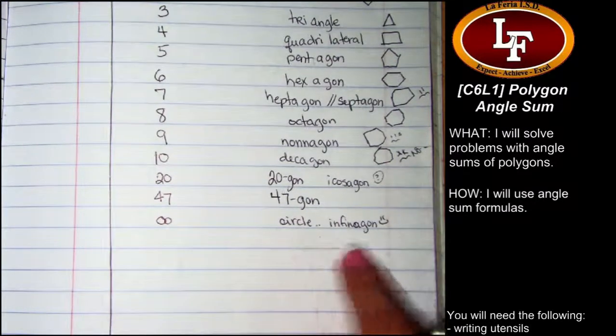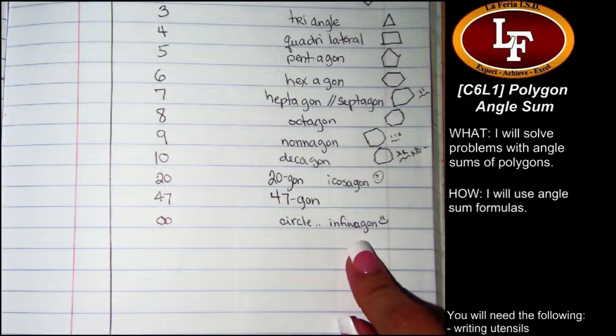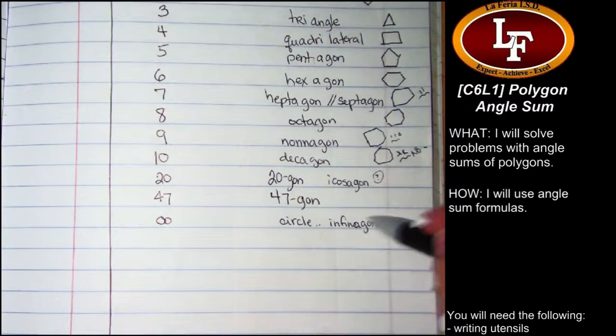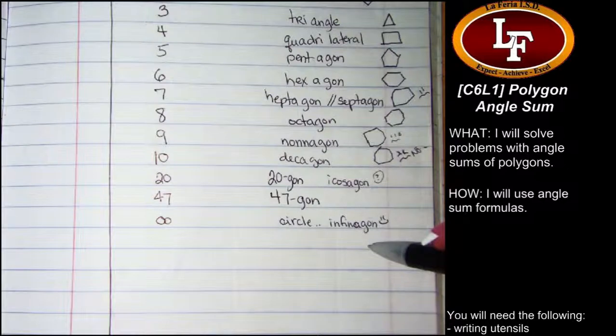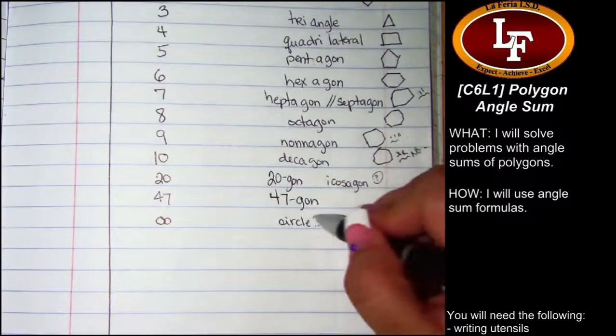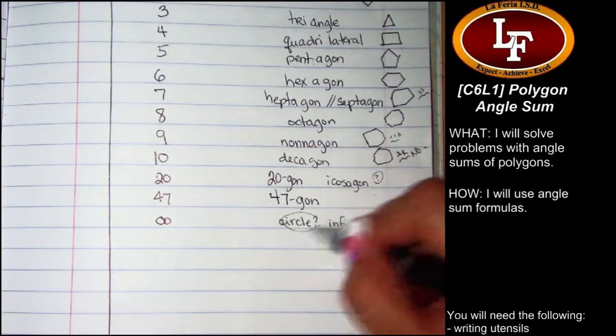Now, a circle is not an infinagon, because if we're going by those word parts, gon means that it has a straight side. And there's nothing straight about a circle. So we'll come back to the circle very soon.